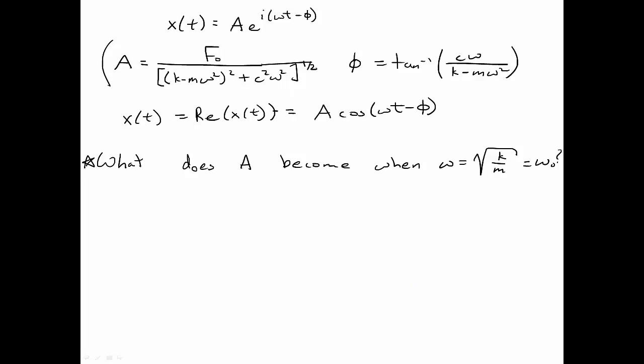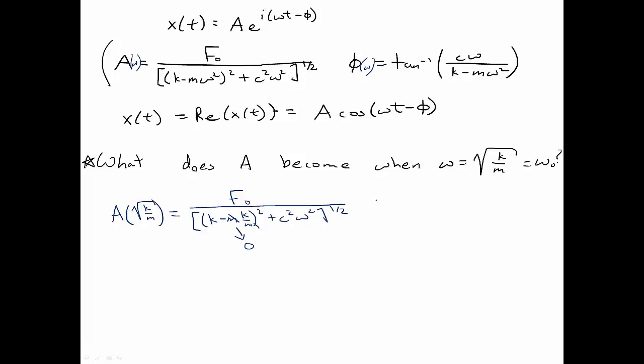Alright, let's plug that in. So we have A of the square root of k over m. Here I'm thinking of A as a function of omega, and phi as a function of omega. Omega squared is k over m. That means these m's cancel, and then you have k minus k, which is 0, so this entire term goes to 0.